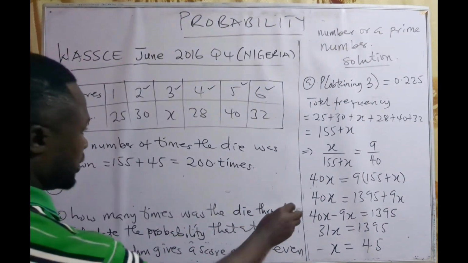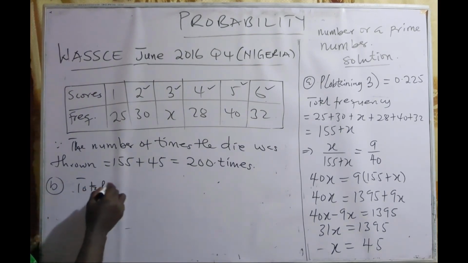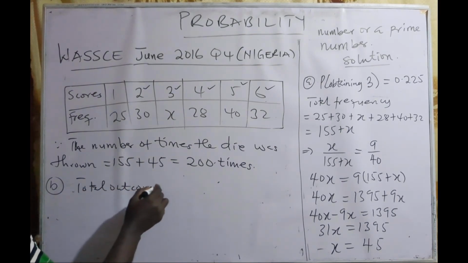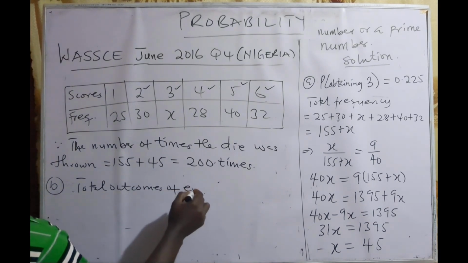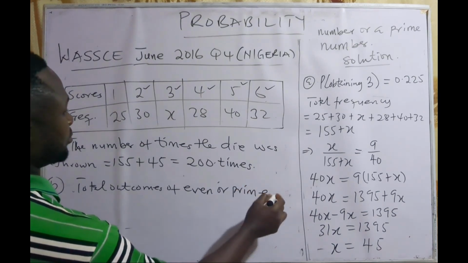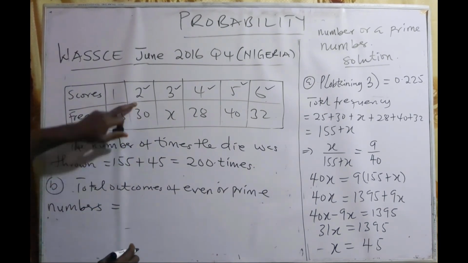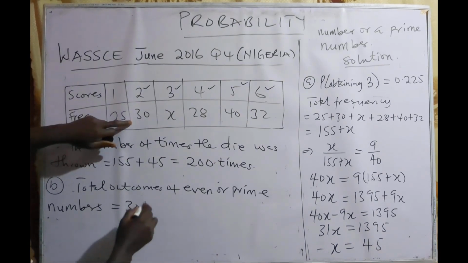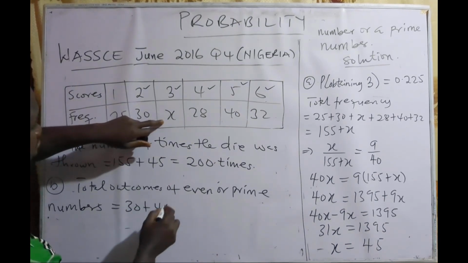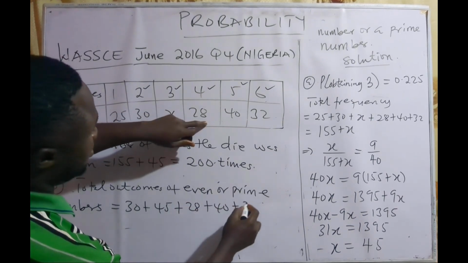Alright. So the total outcomes of even or prime numbers, that's when the die was thrown: 30 plus x, which is 45, plus 28 plus 40 plus 32.